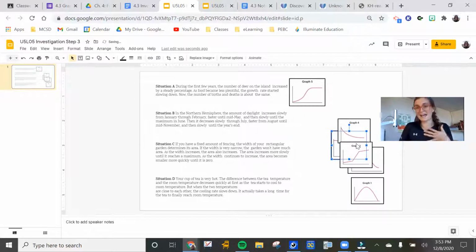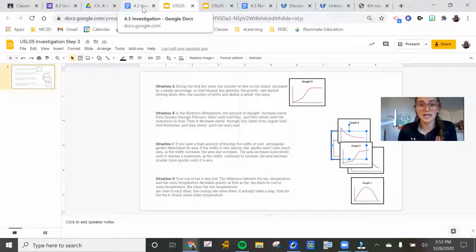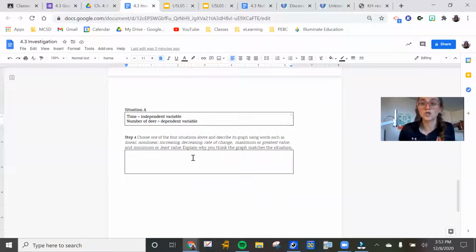And then the 4th and final step of the investigation is you can choose one of those 4 situations and describe its graph.